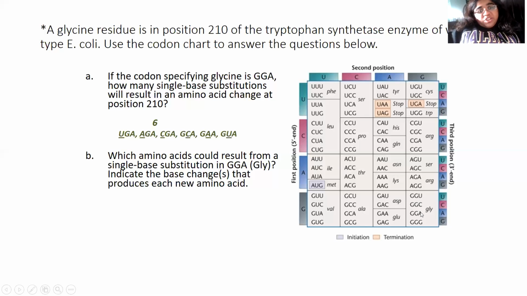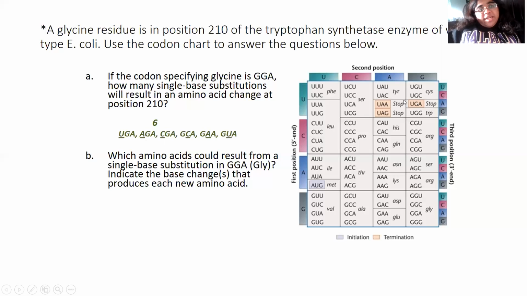So you have GGA, right? Any change in that last position only does not change the amino acid. It is only glycine, right? Because any other change ends up changing it to a completely different amino acid. Like so we have GGA.